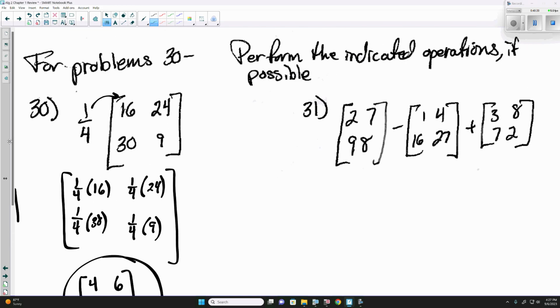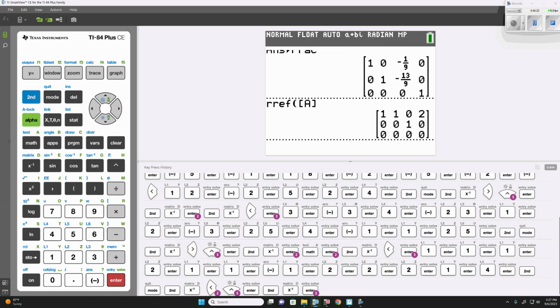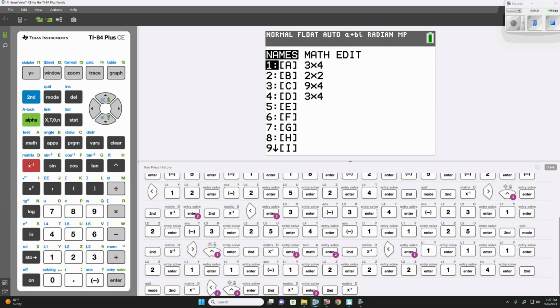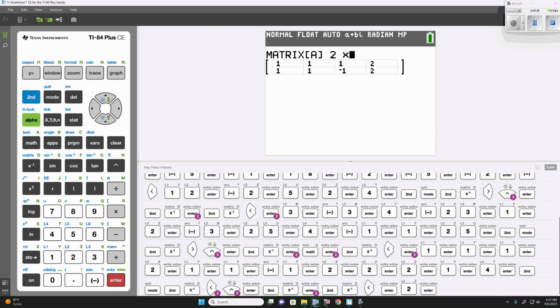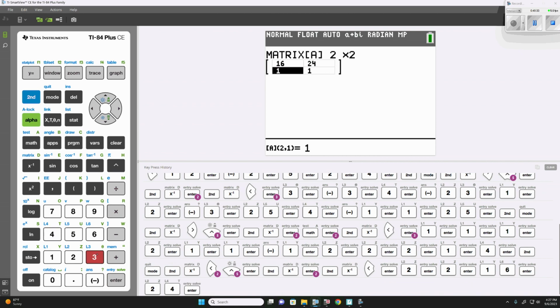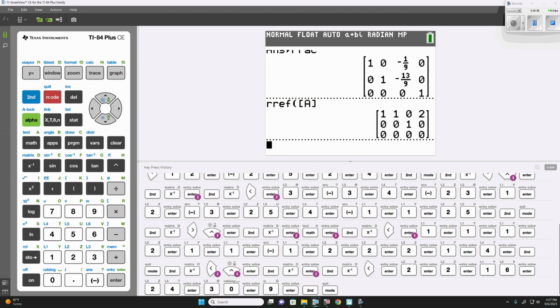Now we could also have done this in the graphing calculator. If we wanted to do it in the graphing calculator, the first thing we need to do is plug the matrix in. So this matrix is going to be a 2 by 2. So we'll say 16, 24, 30, 9. Once we get it plugged in, we'll go second quit. Now we're multiplying it by 1/4, so I need 1/4 first.